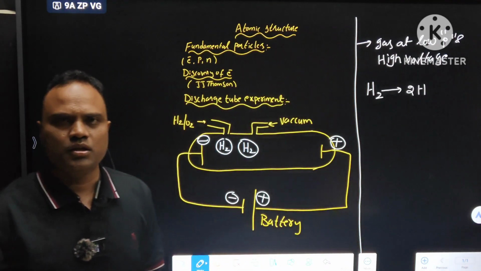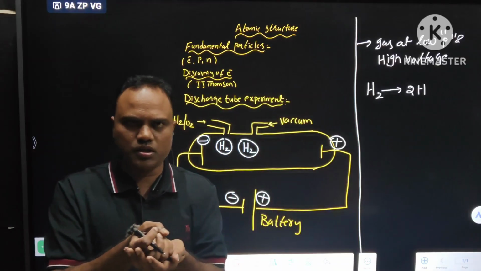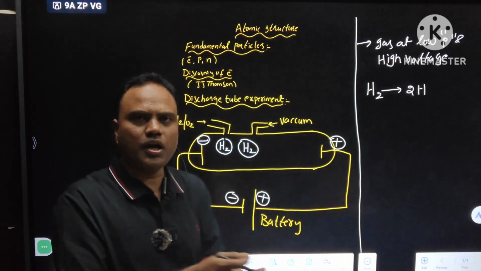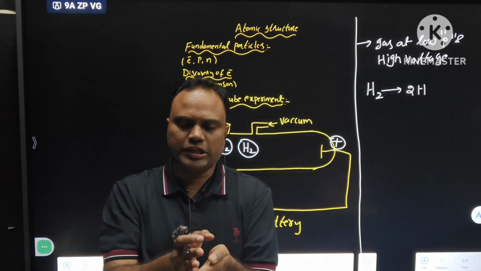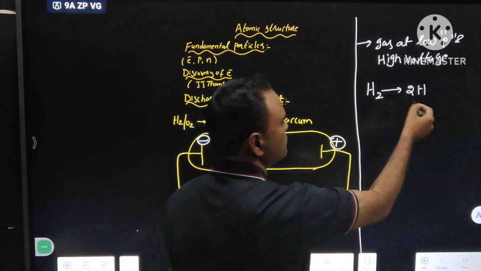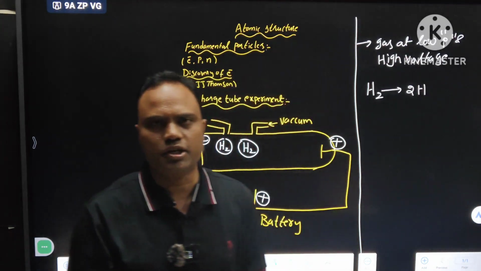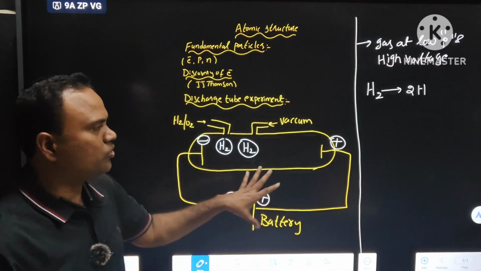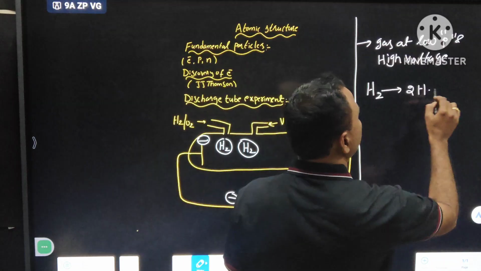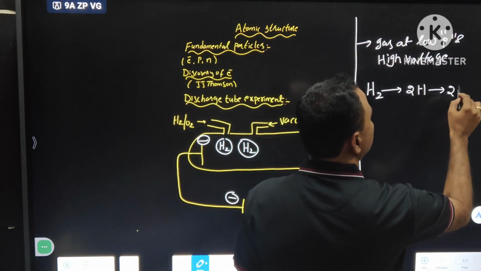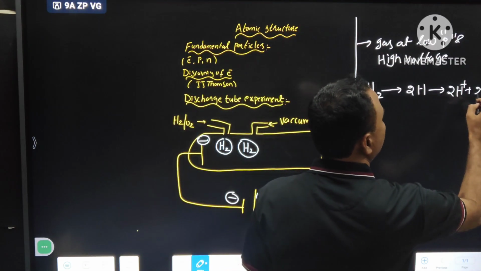H2 becomes two hydrogen atoms, and as we supply energy continuously, the atoms undergo ionization to produce electrons.